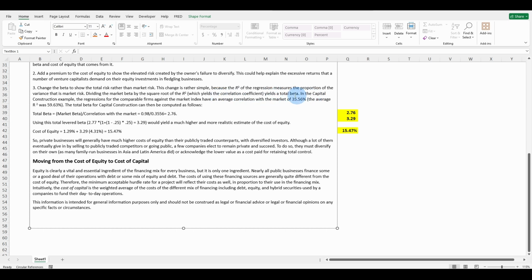In the capital construction example, the regressions for the comparable firms against the market index have an average correlation with the market of 35.56%. The average R-squared was 59.63. The total beta for capital construction can then be computed as follows. Total beta is equal to market beta divided by correlation with the market.